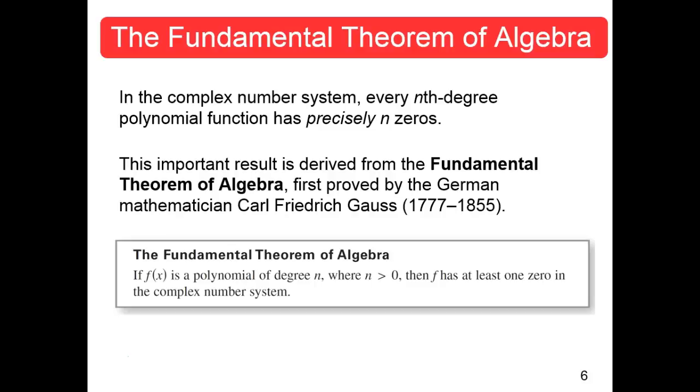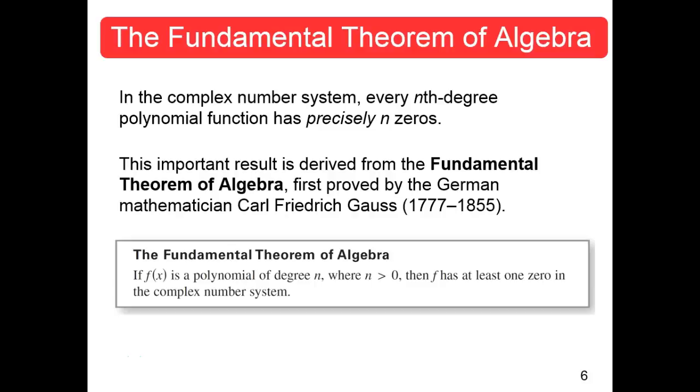He first proved it. So the fundamental theorem of algebra: if f of x is a polynomial of degree n, just like we started there, as long as n is greater than 0, so we're not dealing with f of x equals 3, then f has at least 1 zero in the complex numbers. We just said up here it has precisely n.